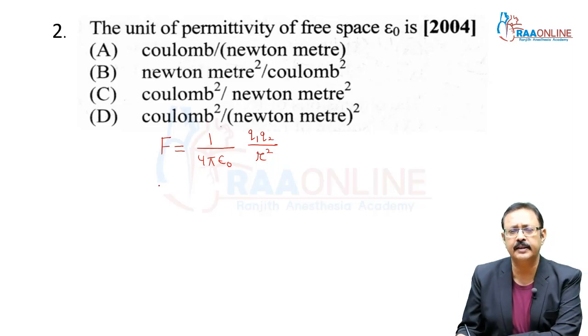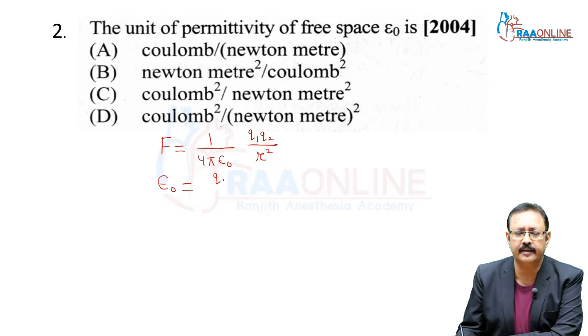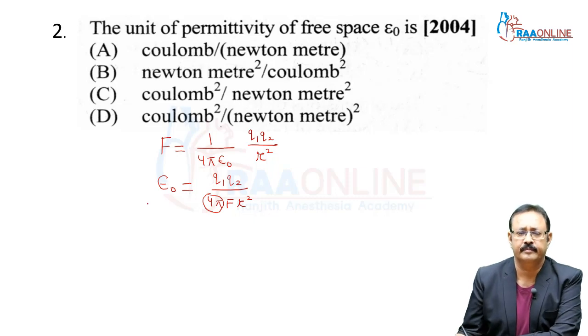So how to solve this epsilon naught? Take it on this side. Collect all remaining physical quantities on your right hand side. So what are we getting? Q1, Q2, 4 pi F and R square. 4 pi has no unit, so ignore it. Q1 and Q2 both are coulomb.